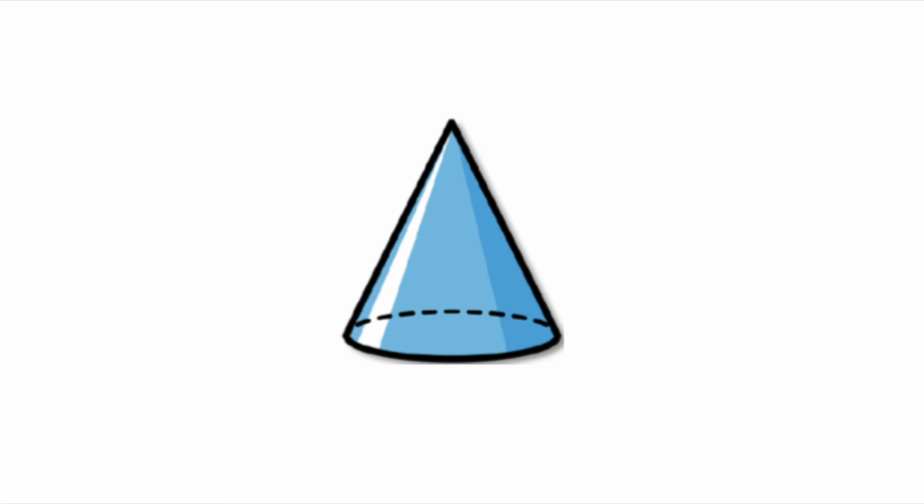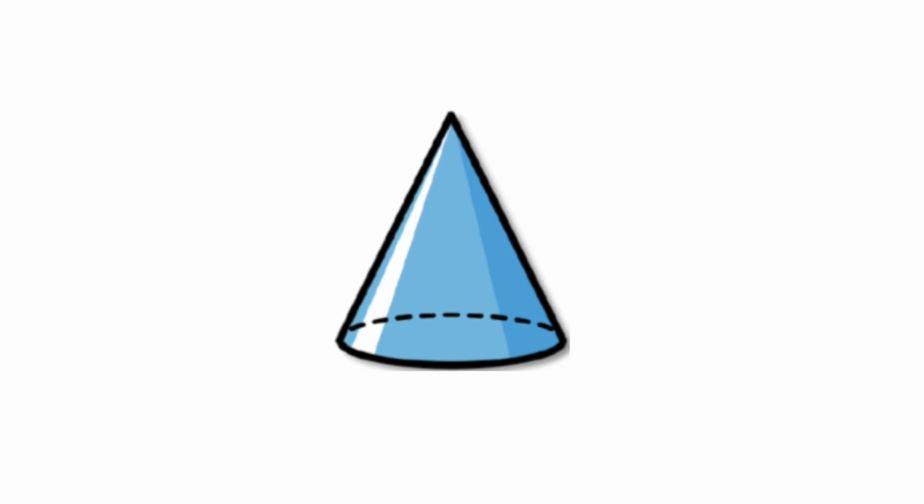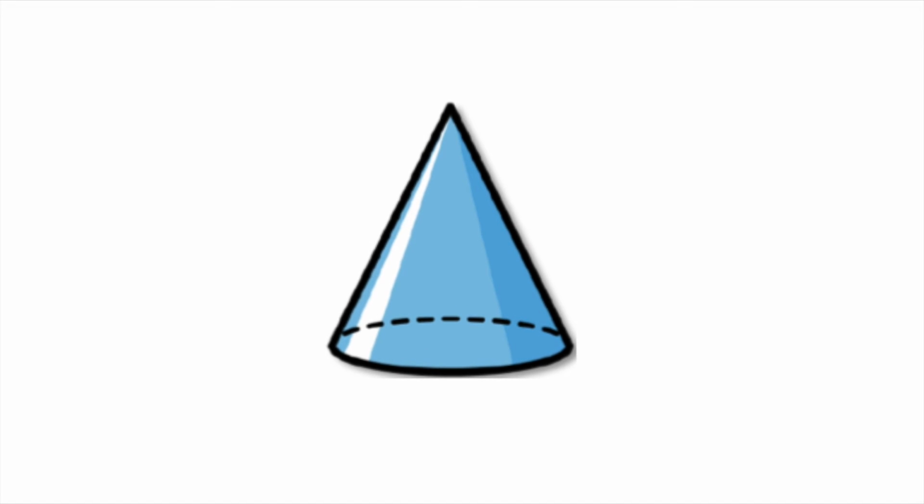To see what you know about three-dimensional shapes, I want you to test yourself. I'm going to show you a picture of a 3D shape. You are going to try your best to name that shape out loud. Right before it disappears, I'll give you the answer. Cone. Cube.